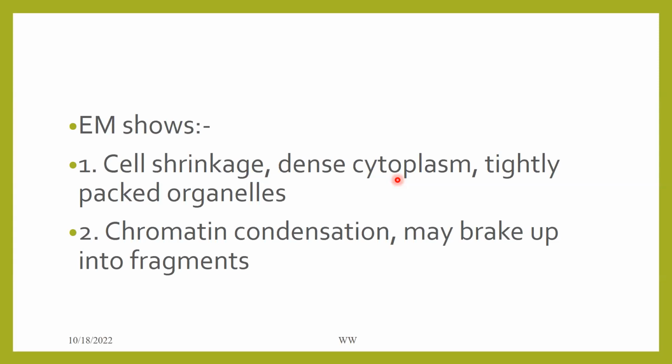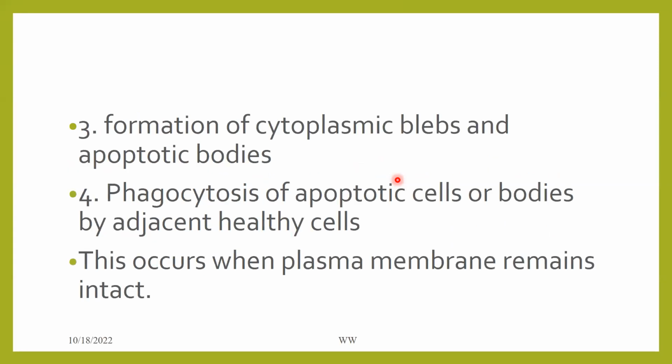So it is very much like cell injury, but here there's the involvement of shrinkage. The contents diffuse out and the cell shrinks down. And there's formation of blebs also, and eventually little bodies that have nuclear and cytoplasmic contents that we call apoptotic bodies.